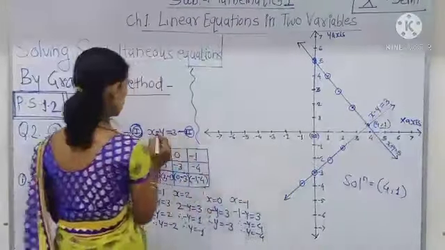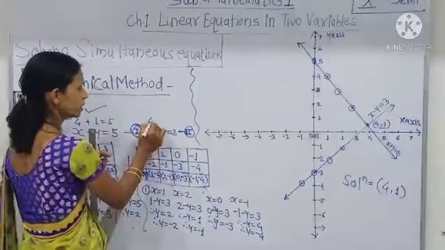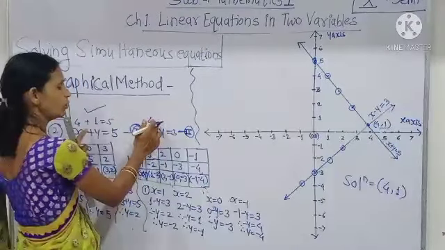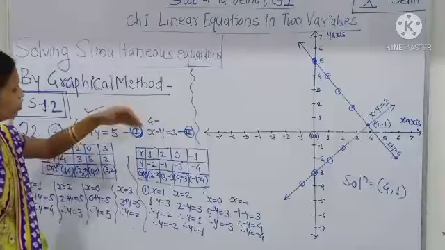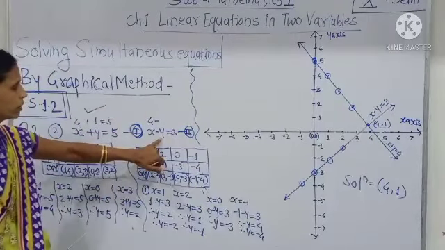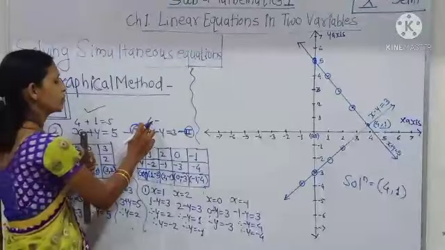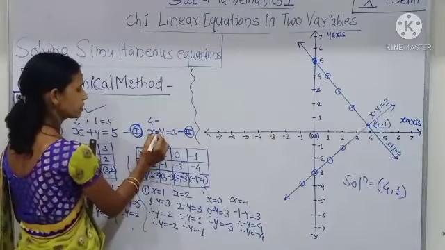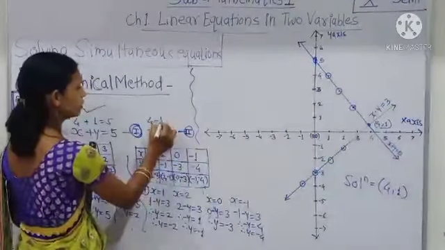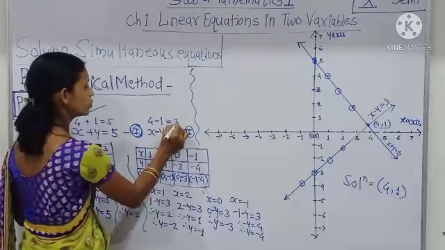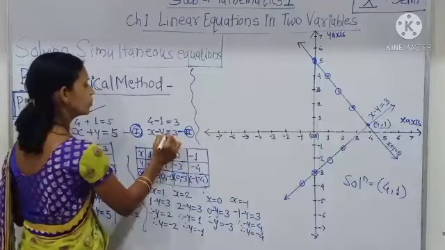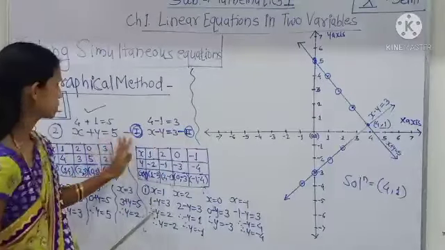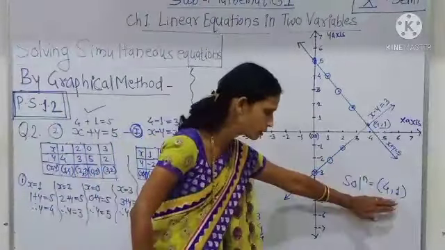Similarly, the same values for x and y used in equation number 2: 4 minus 1 is equals to 3. That means it also satisfies equation number 2. That means our answer is correct.